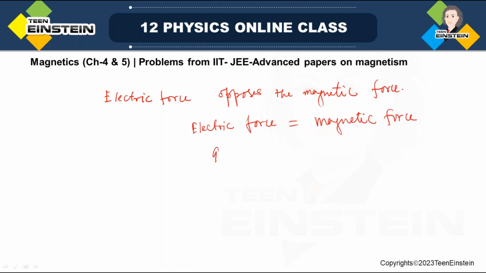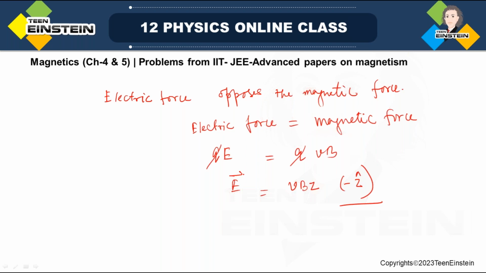So what is electric force? I am writing Q into E, and here it is QVB. Okay, so that's how we'll get an electric field, but we have to see in which direction we are getting the electric field. So this we have seen, this will be along negative z direction.